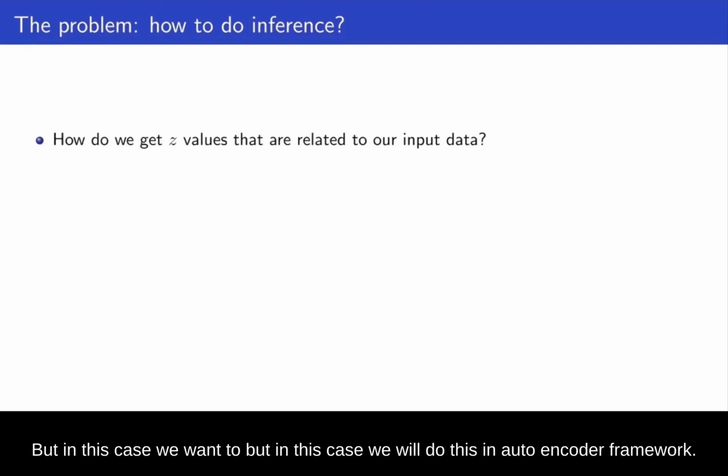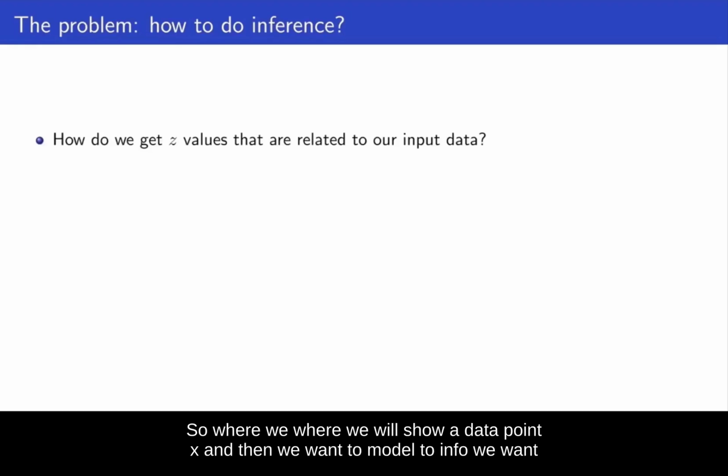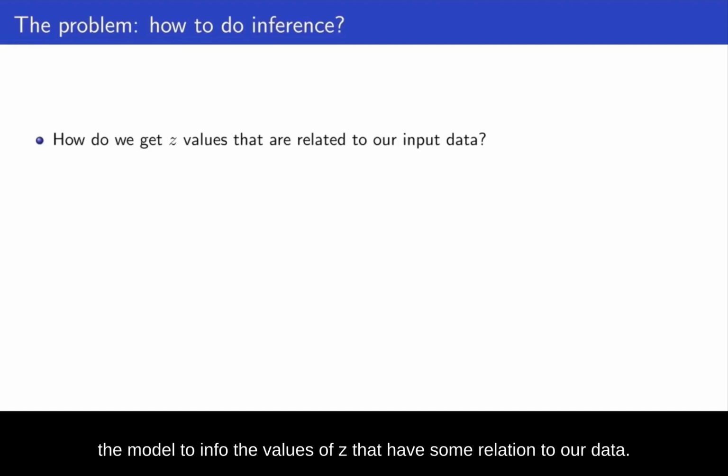But in this case, we will do this in an autoencoder framework, where we will show a data point x, and then we want the model to infer the values of z that have some relation to our data. So there shouldn't just be some random noise in this case.